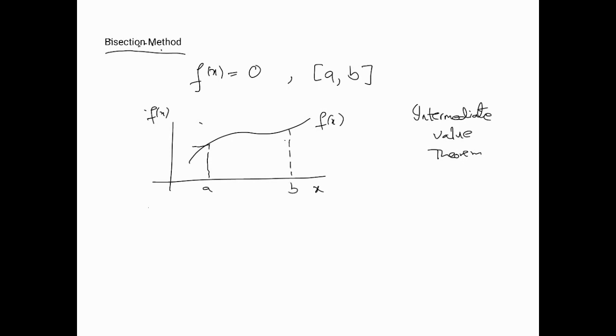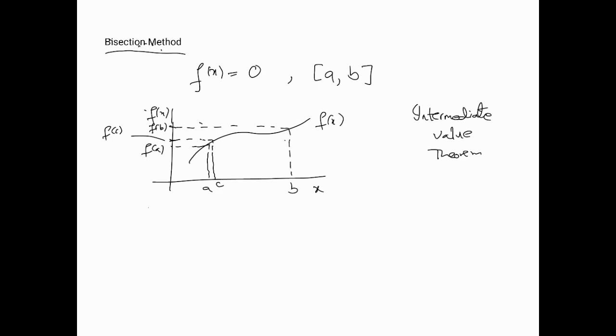Now, if we go across here, this would of course be f(a), and this value here is f(b). In between f(a) and f(b), one can choose any value. For instance, let's call this f(c). And obviously, if we go across there and go down here, this would in fact be c.